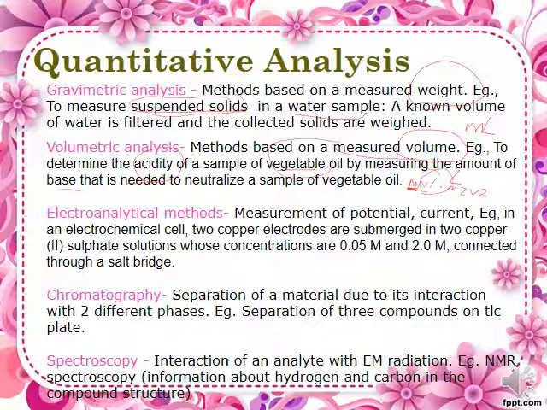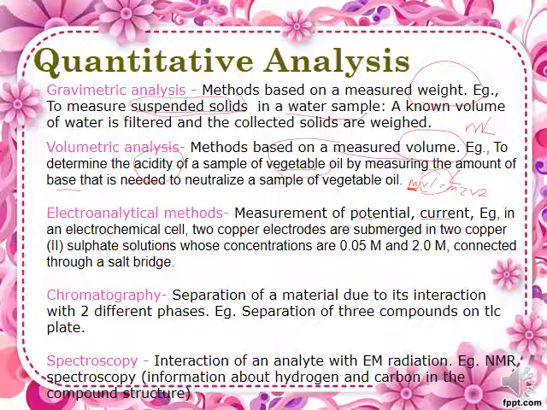The next quantitative analysis is the electroanalytical method. Electroanalytical methods need the usage of simple instrumentation that uses electricity. For example, we measure potential, we measure current. We use a multimeter, for example. The multimeter will measure the potential, the current, and so on.